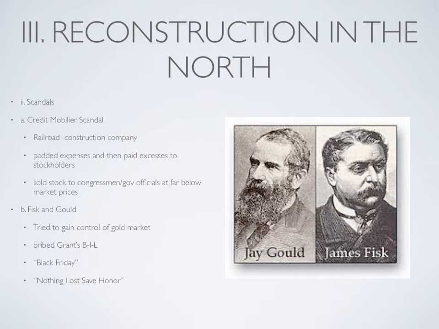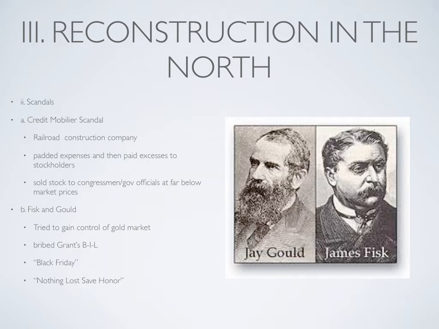What they wanted to do was buy up all this gold and then start selling it without the federal government releasing its gold stores, which would drop the price of gold. And in order to do that, they bribed Grant's brother-in-law to help ensure government cooperation with that plan.